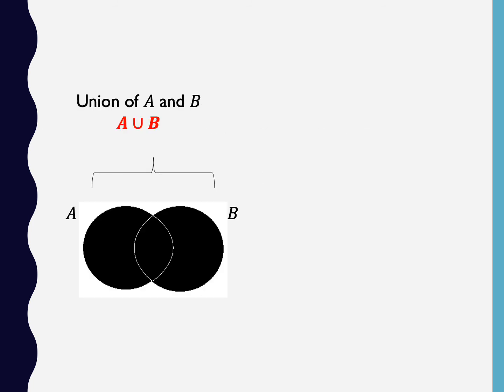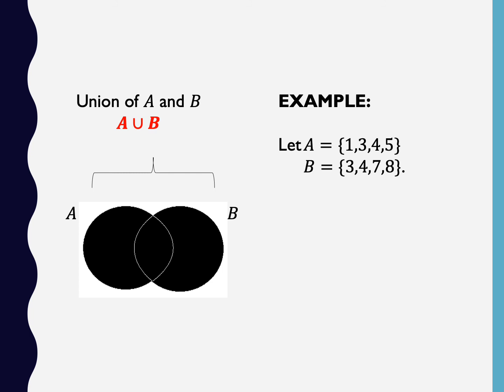For example, let set A be the set with elements 1, 3, 4, and 5, and set B with elements 3, 4, 7, and 8. The union of A and B, or A or B, is equivalent to all the elements of both A and B, which is 1, 3, 4, 5, 7, and 8.